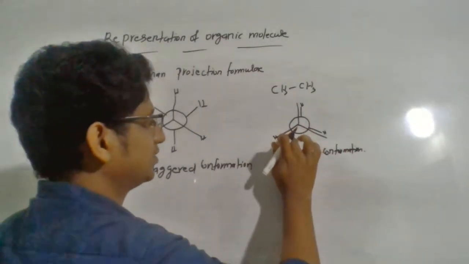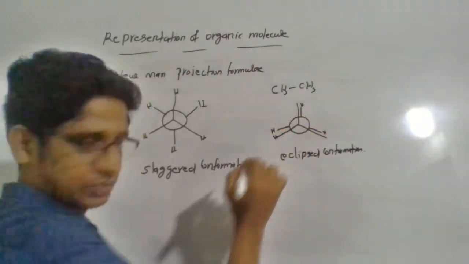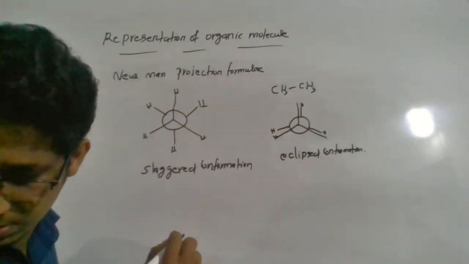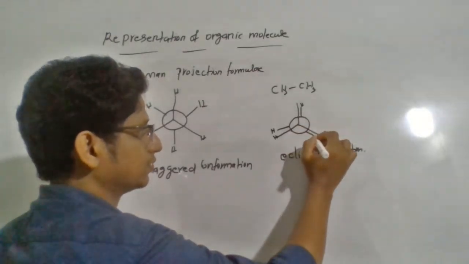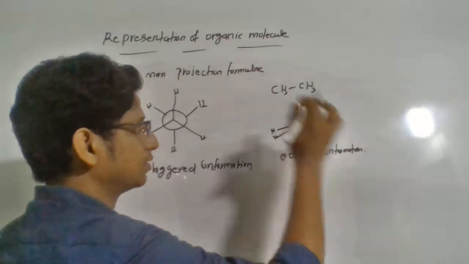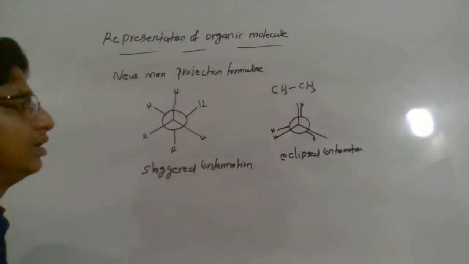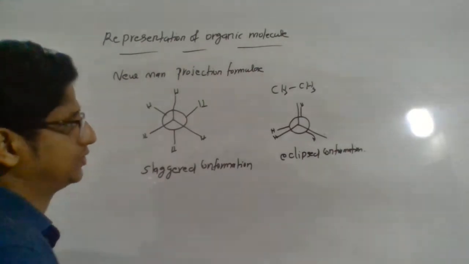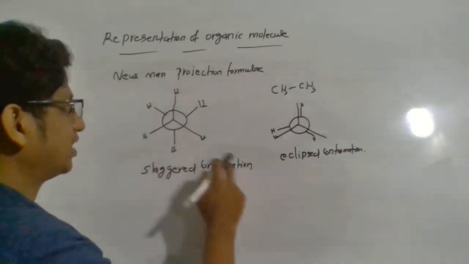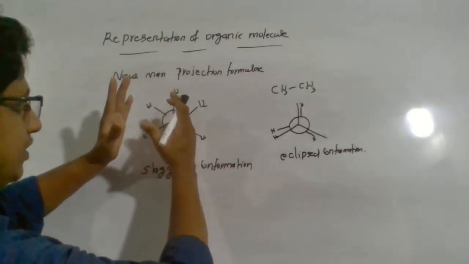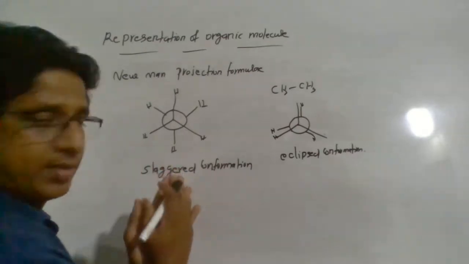Now, this should also maintain a 120 degree angle, so be careful about that. In the staggered conformation, you can see the hydrogens are as far apart as possible, which means minimum repulsion.